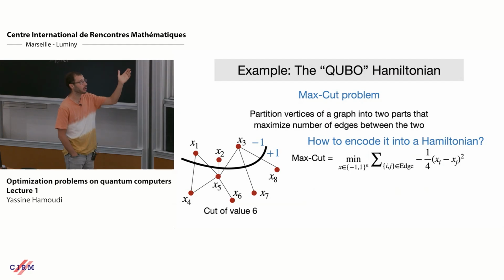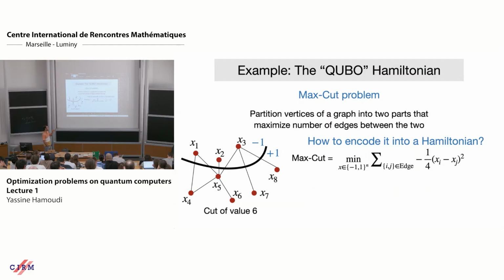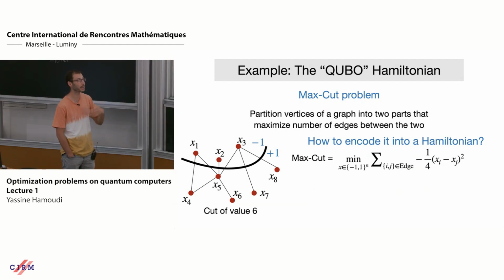So finding the optimum assignment to the variables xi corresponds exactly to finding the size of the maximum cut. So we just rephrased max cut as optimizing a quadratic function with binary variables.